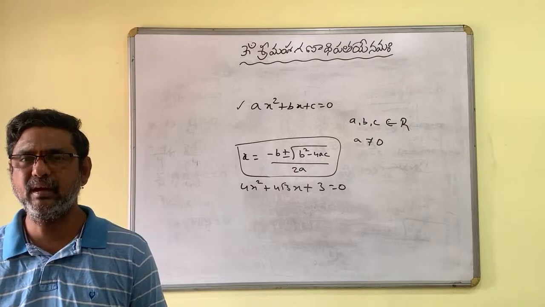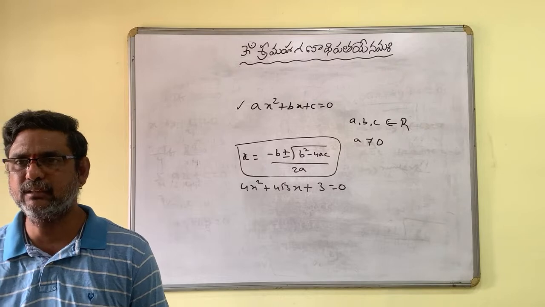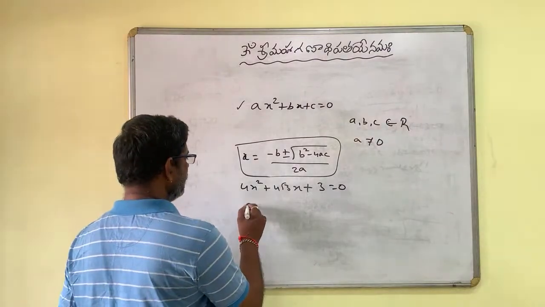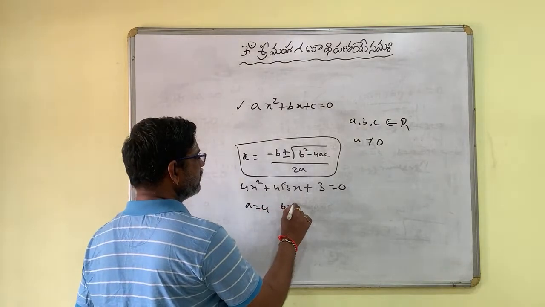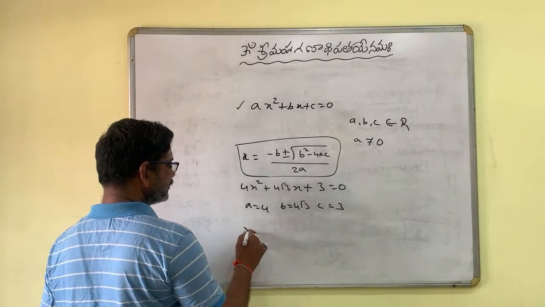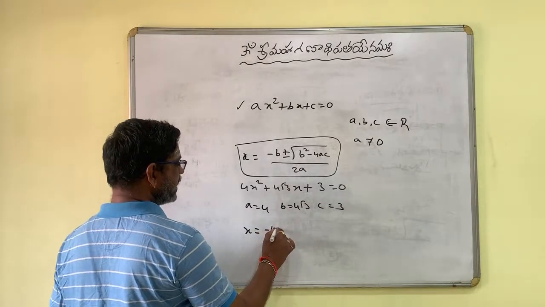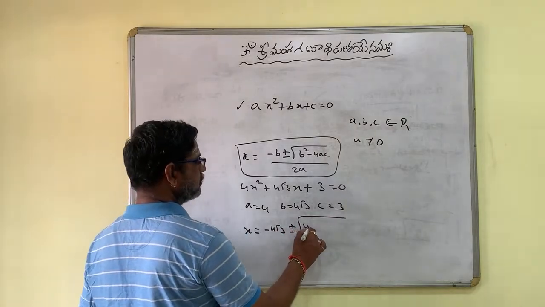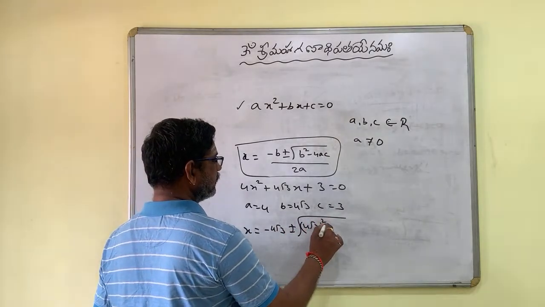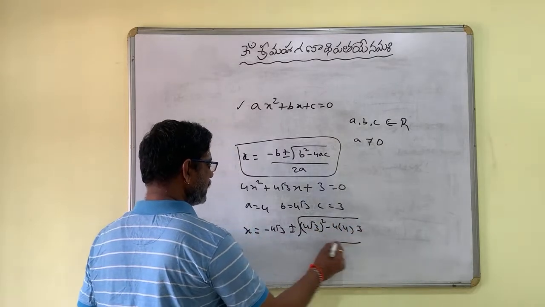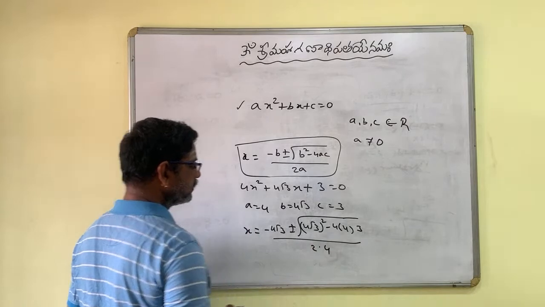A is 4, B is 4 root 3, C is 3. Now x is equal to minus b plus or minus root over b square minus 4ac by 2a.